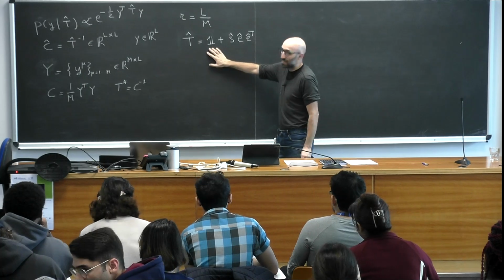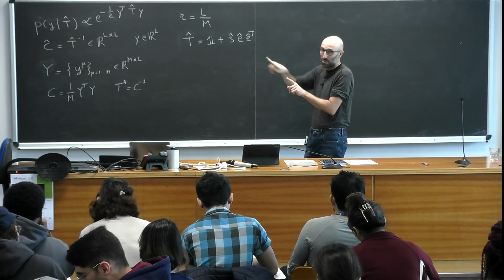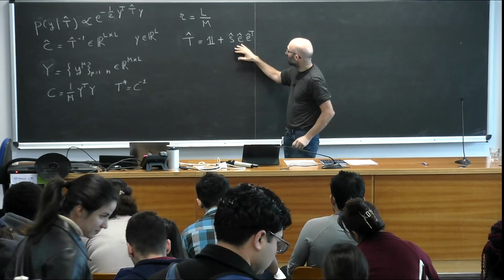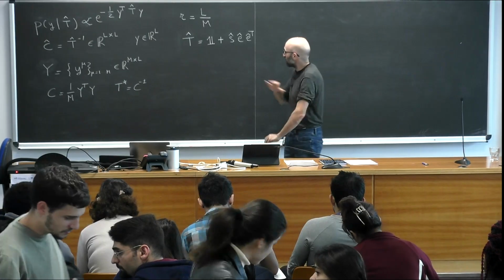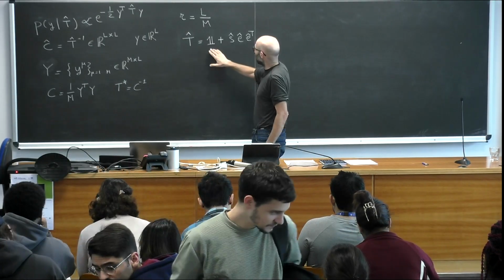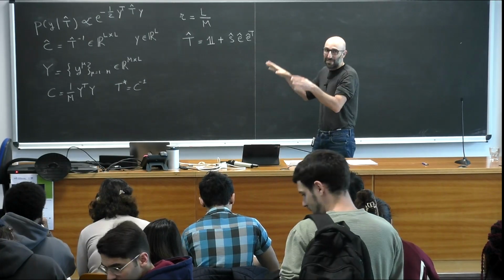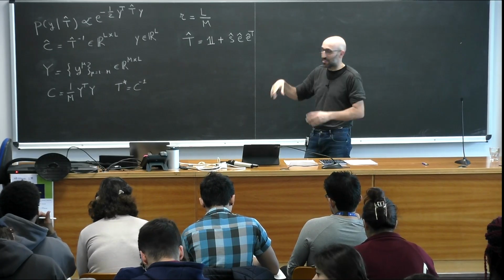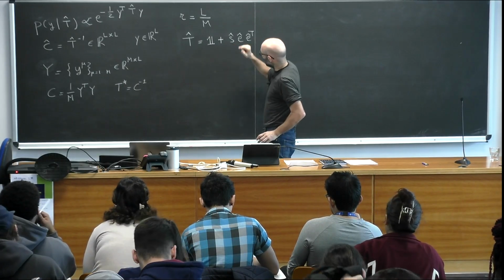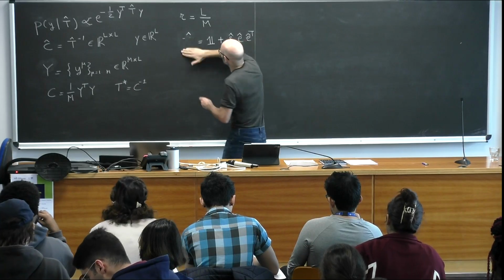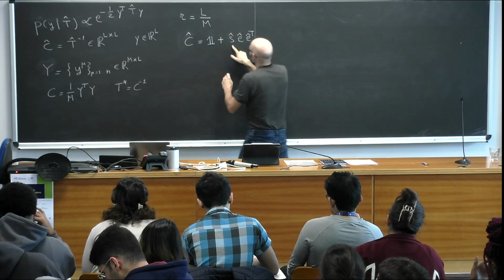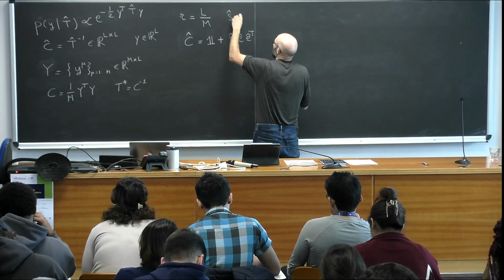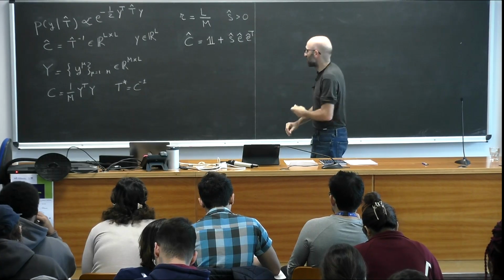We add to the identity a small perturbation in one direction. So we assume that our data all have the same variance in all directions but one, where the variance is a little bit larger. Sorry, this is C hat, where S is bigger than 0, so the variance is a bit larger in one direction.